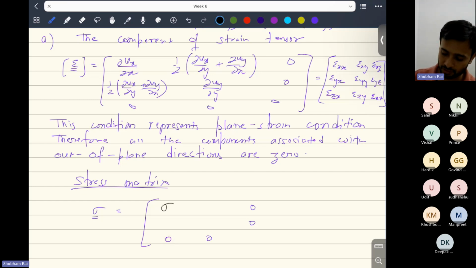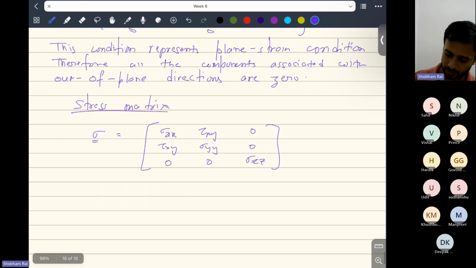The rest of the stresses will be present, so I'm just writing here sigma xx, sigma xy, or you can just write tau xy. Here also it is simple, so this will be tau xy and sigma yy, and here we have sigma zz later. If you write in terms of Lame's constants, if you remember the relation, we just use that. So it will be lambda plus 2 mu times epsilon xx plus lambda times epsilon yy, and this will be 2 mu epsilon xy.